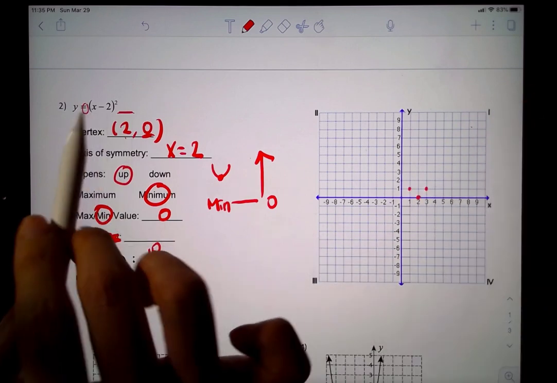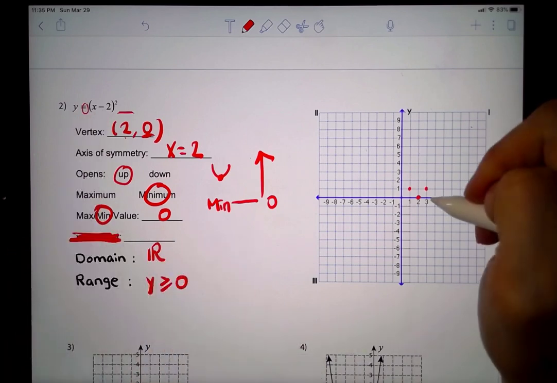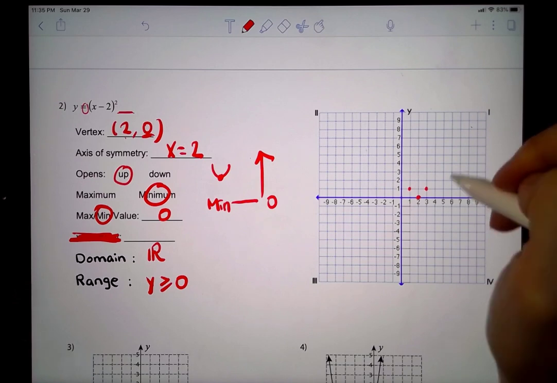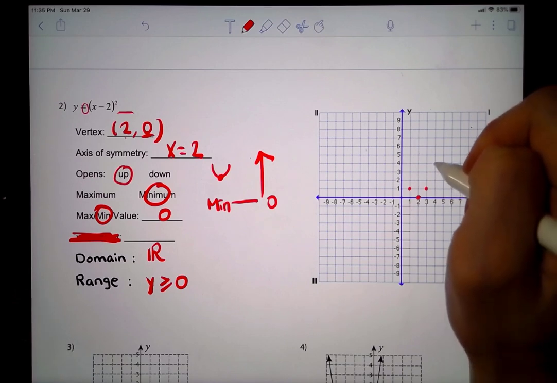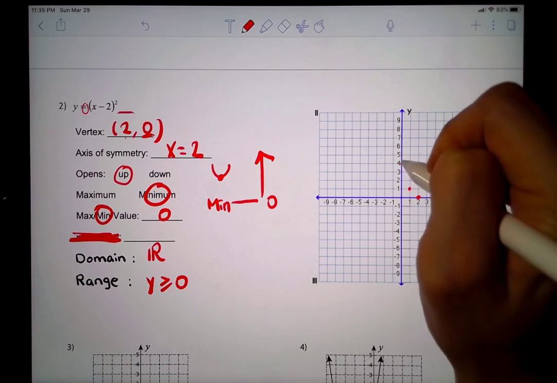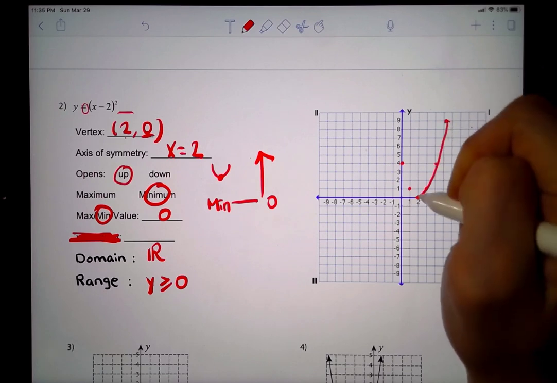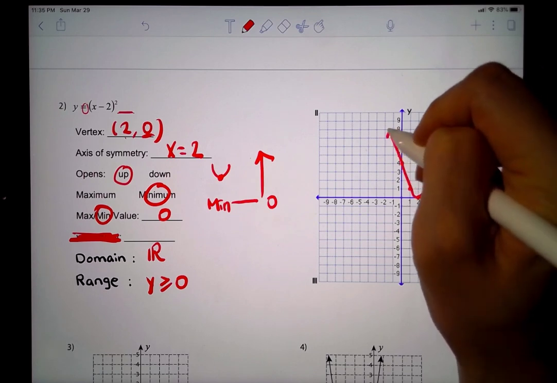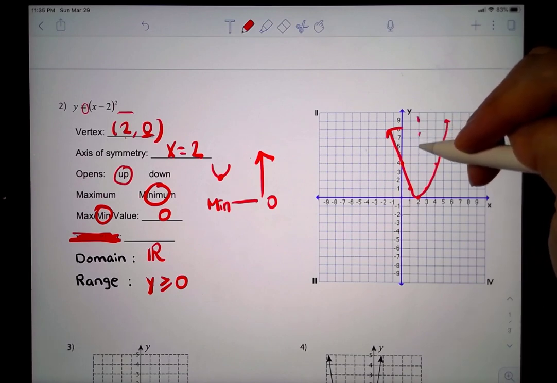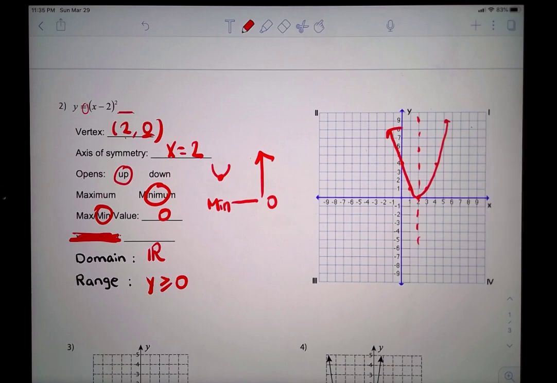When you put 3, then 3 minus 2, squared, 1 squared, 1. And when you put 4, 4 minus 2 is 2, 2 squared, 4. So when x is 4, then y is 4. Like that. Like this. Okay? And that's my axis of symmetry over here, all right?